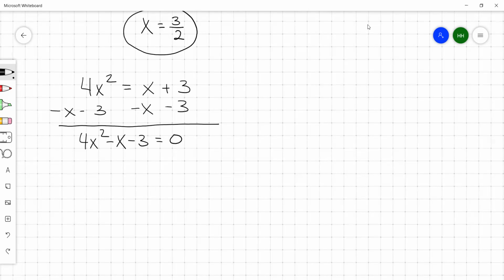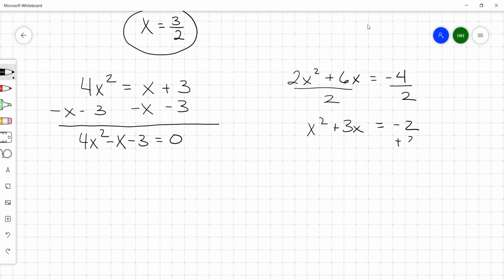Just maybe one more reminder here. If you get something like 2x squared plus 6x is equal to negative 4, you can clean this up by dividing both sides by 2, and you would have x squared plus 3x equals negative 2.